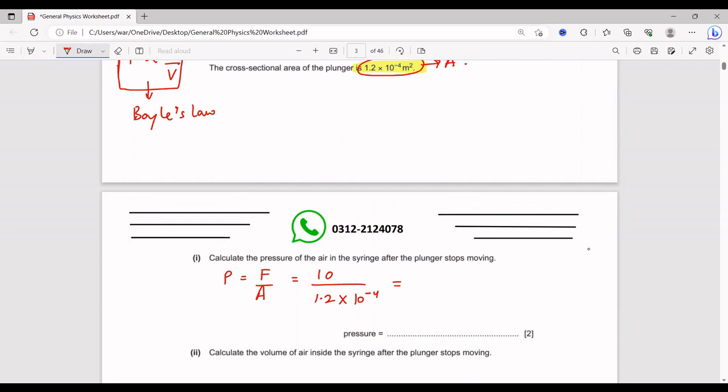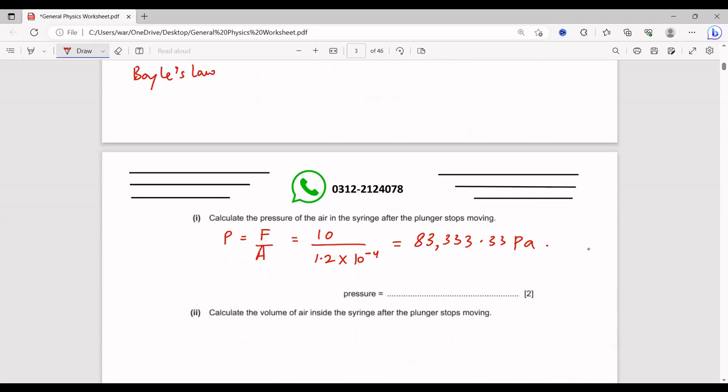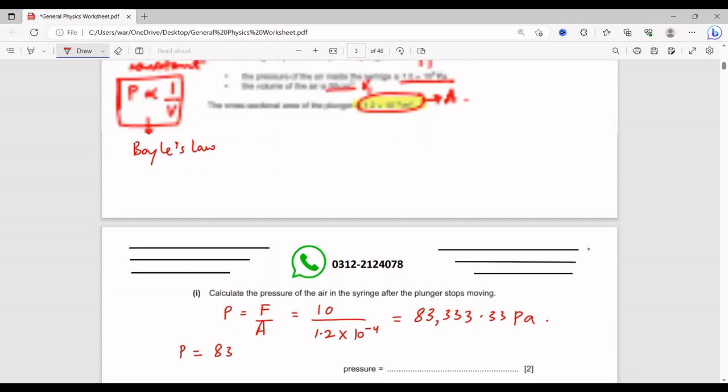So the answer is 10 divided by 1.2 exponential minus 4. The answer is 83,333.33 Pascal.